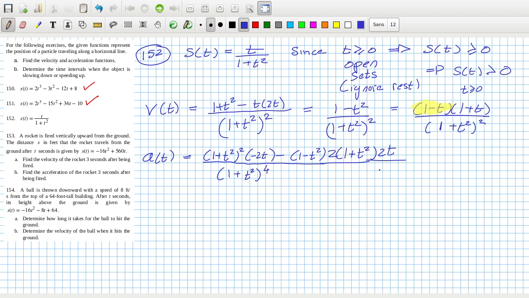Okay, so I can actually ignore this because it's always positive, and I can ignore this because it's always positive, and I can ignore this, so it's always positive.